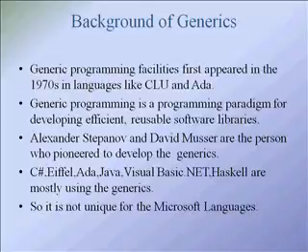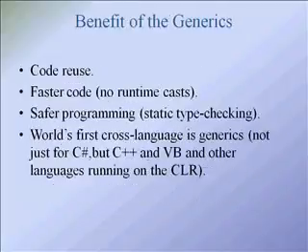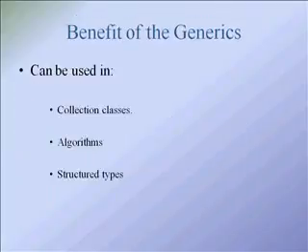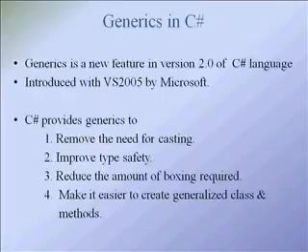It can also be used with C#, C++, ADA, Java, Visual Basic, any sort of language. Actually, every language can be used to work with generics. Then we talked about the main benefits: code reusability, much faster coding, safer programming, and so on.